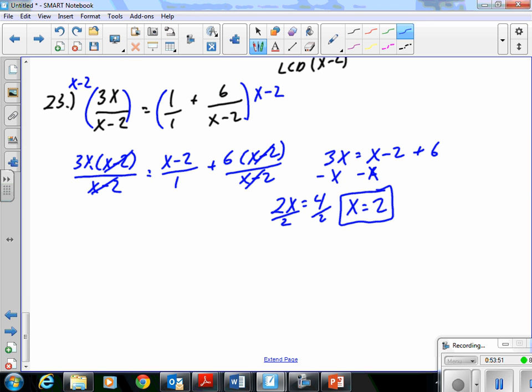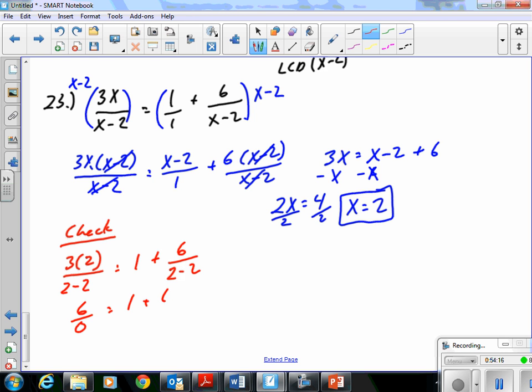Now on these, when we're solving, we need to also go ahead and check, make sure that those actually work. So we're going to do 3 times 2 over 2 minus 2 equals 1 plus 6 over 2 minus 2, which is going to give me 6 over 0 equals 1 plus 6 over 0.